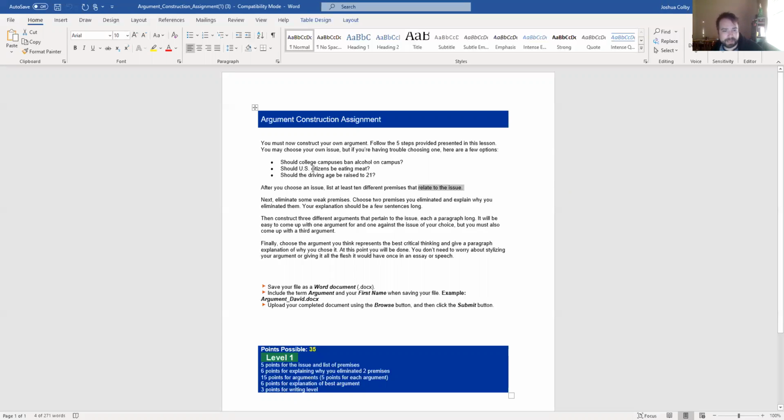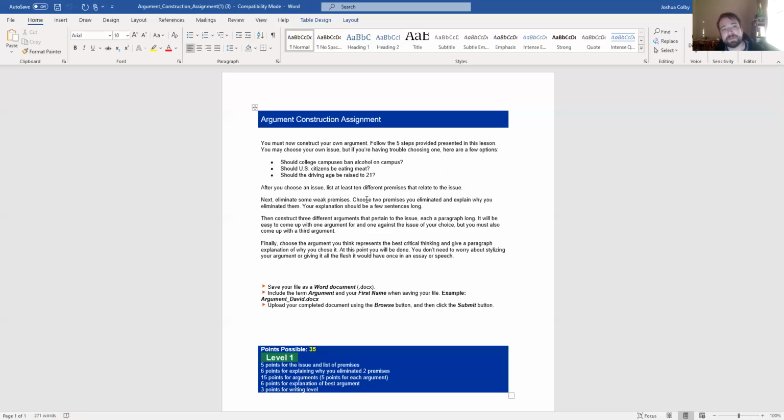So if we go with should the driving age be raised to 21? You could have a premise that says the driving age should be raised to 21 because teenage minds aren't fully developed. And then that would be one of your premises.